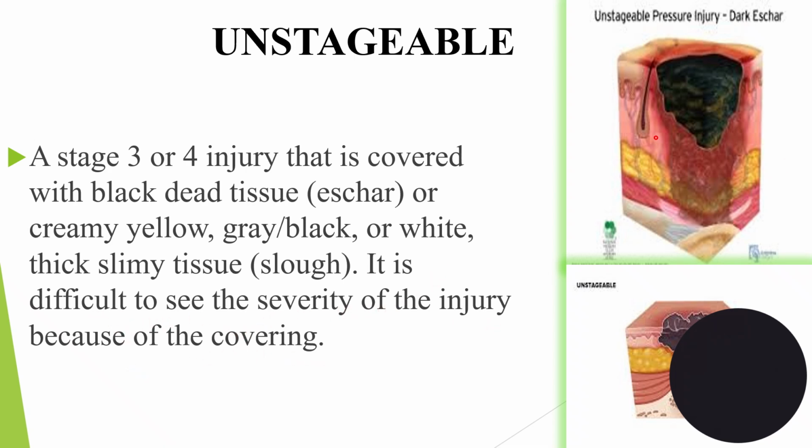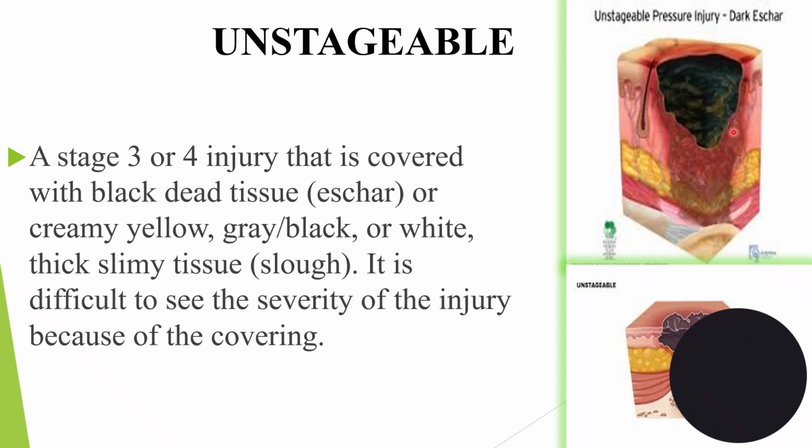So you can see here, this is the wound. Here it will affect until here, until the bone. Understand? The upper part we cannot see anything. It is covered by the scar tissue or dark tissue. If it is not covered by dark tissue, it could come under stage 4.